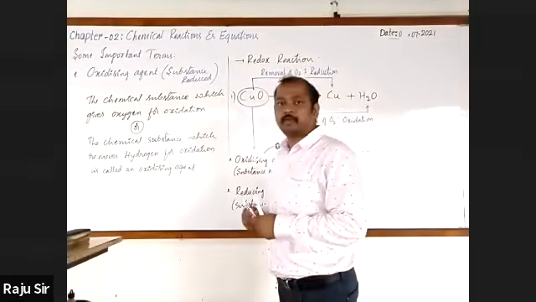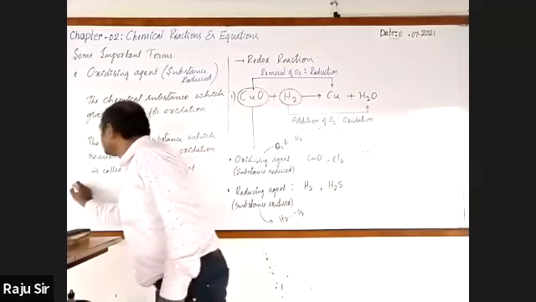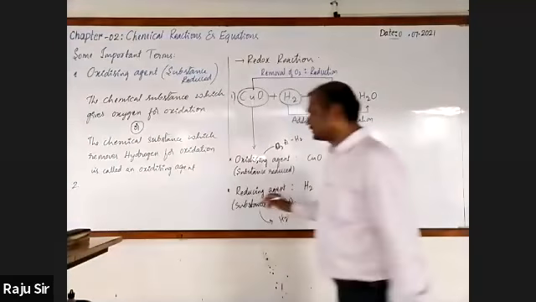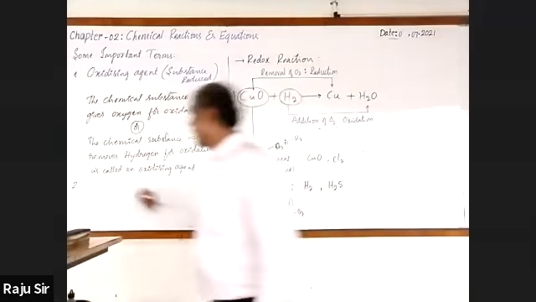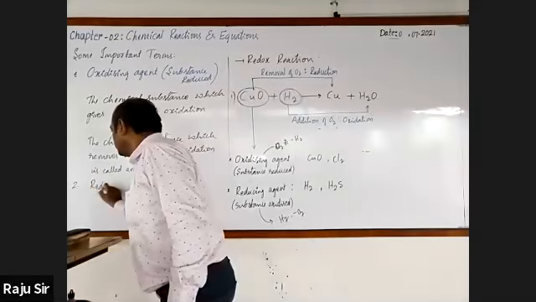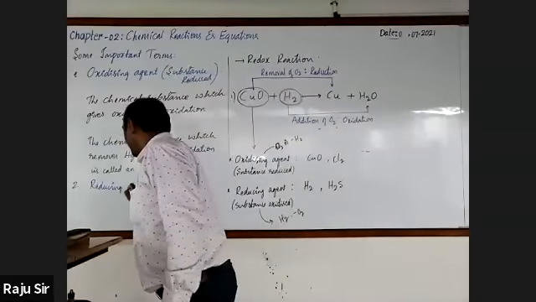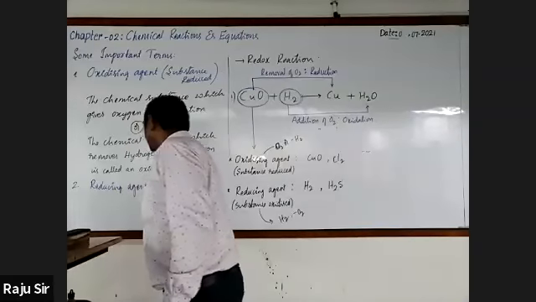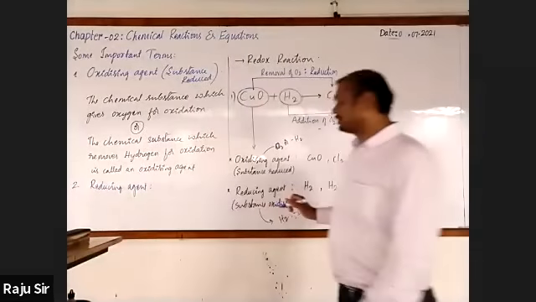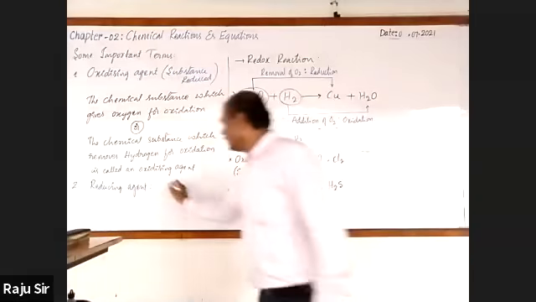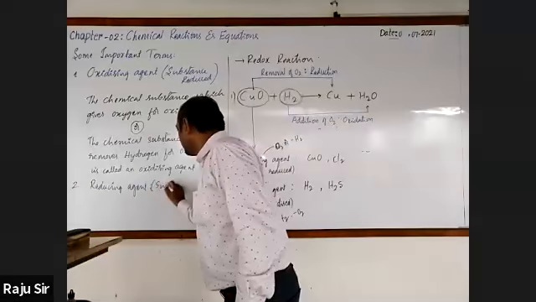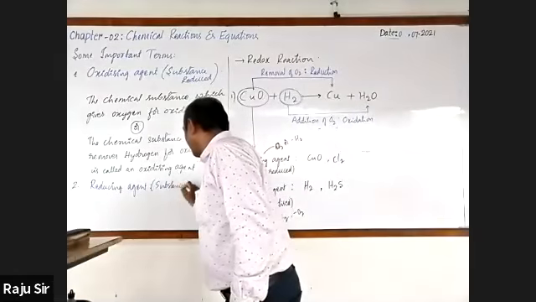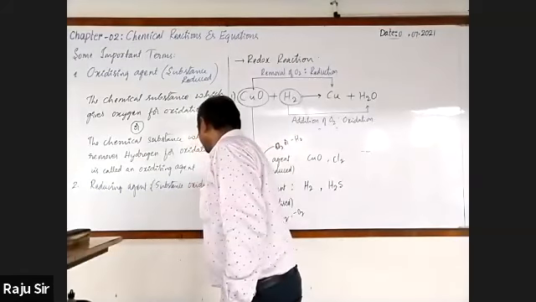Now, let's go for writing the second one. Second term is reducing agent. Reducing agent is also called substance oxidized. In bracket, you may write substance oxidized.